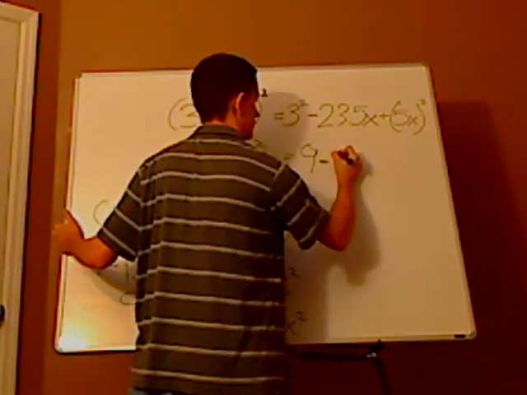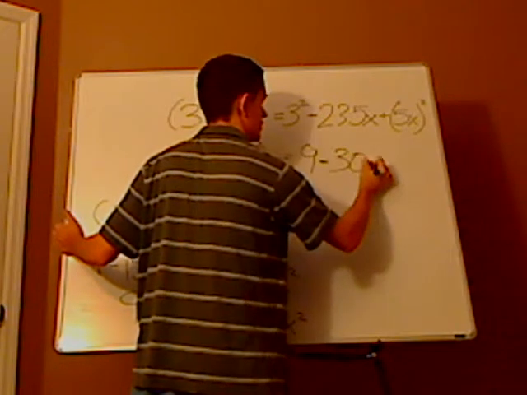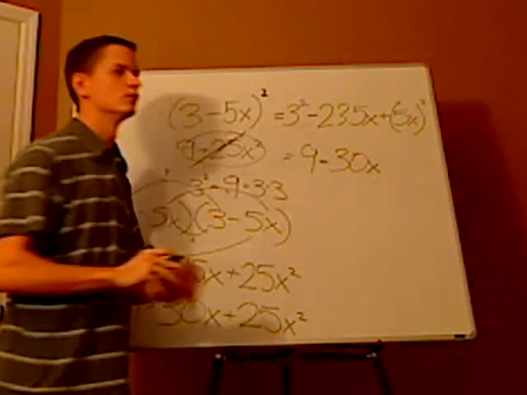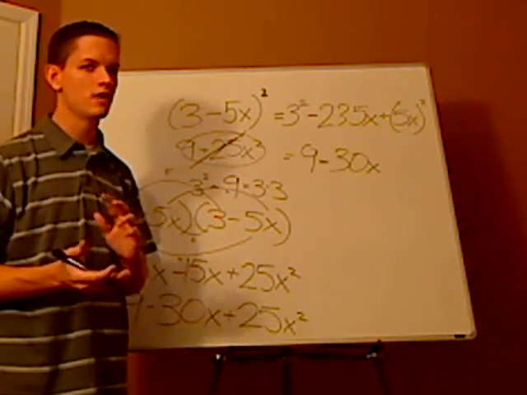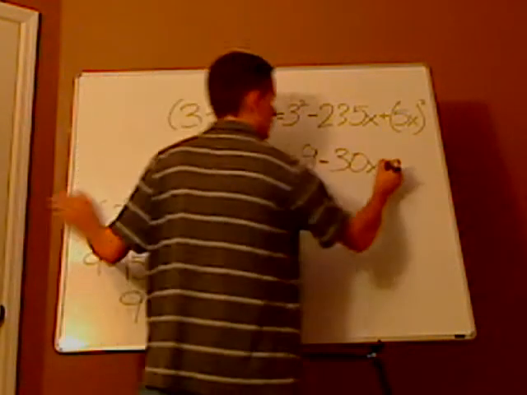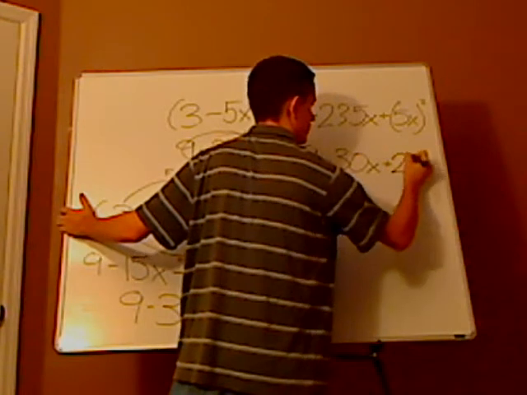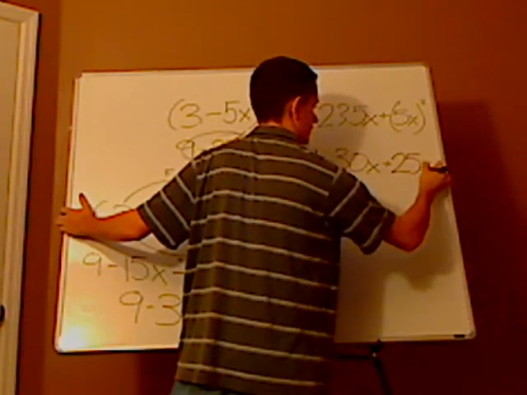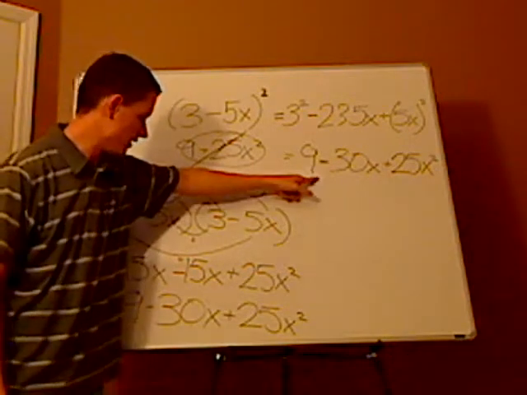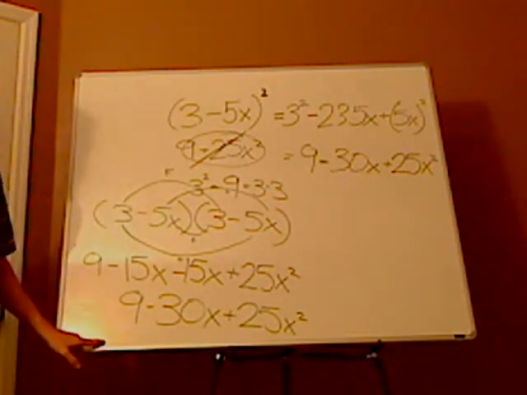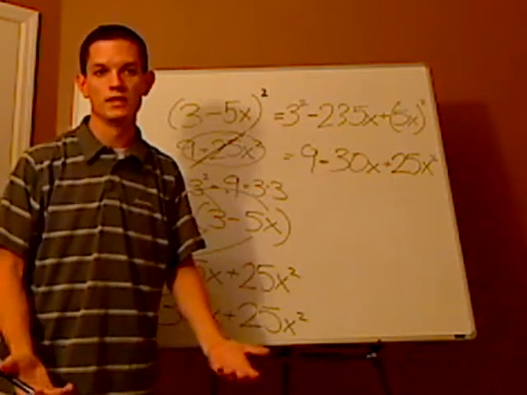So that's minus 30x. And what's 5 squared x squared? Plus 25x squared. And notice I got the same thing here as I did here. And that's pretty much it.